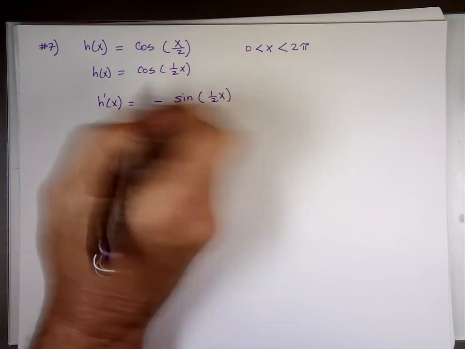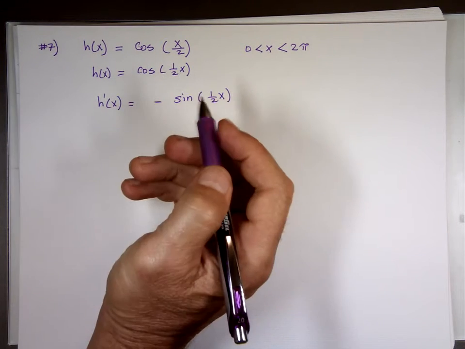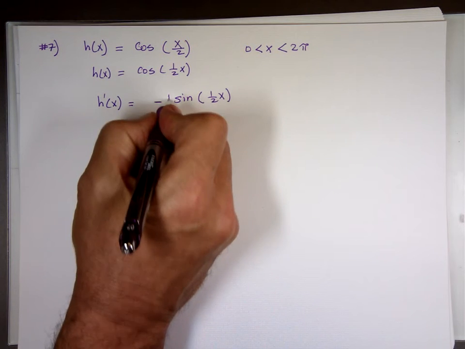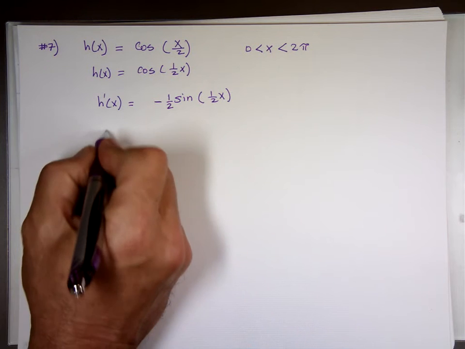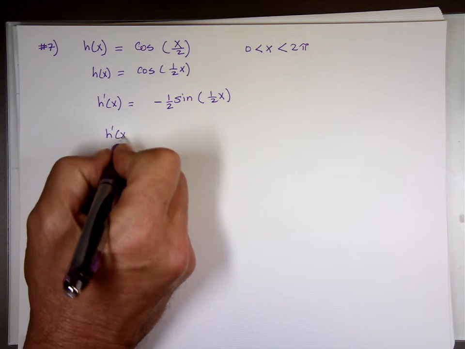Times the derivative of 1/2 x, which is what? 1/2. I'll put the 1/2 in the front. The sine will never be undefined. So take the derivative, find out when the derivative is going to be 0 to find the critical value.